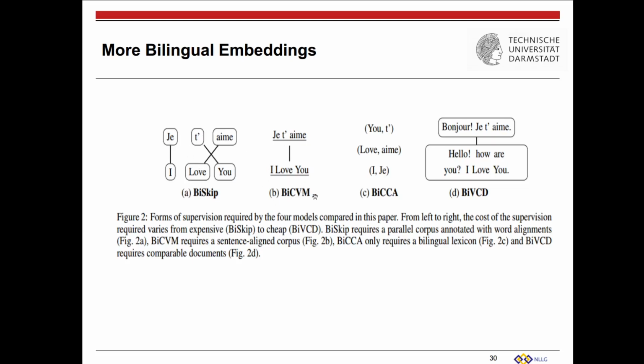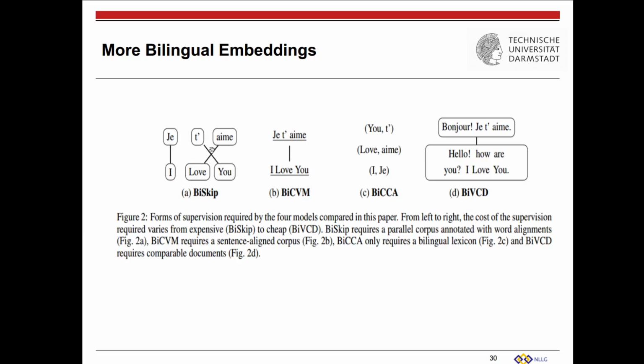The second one BiCVM, BiCCA, and BiVCD. So these are the 4 approaches, and they compare them according to the information that they need. They say this approach needs the most information signals, and this approach uses the least information signals, and as we go from A to D, the amount of information signals needed decreases.